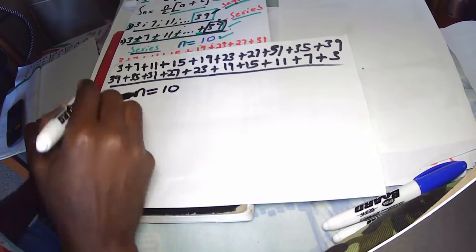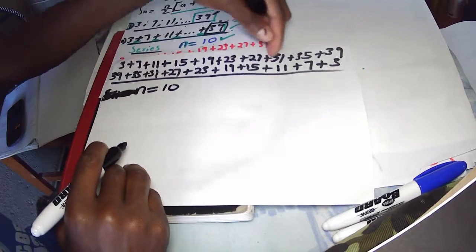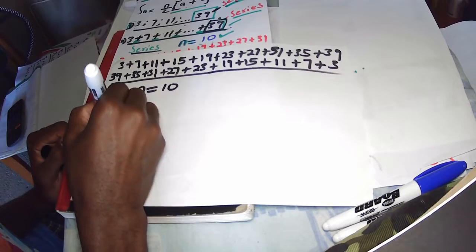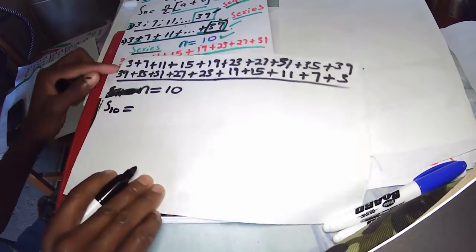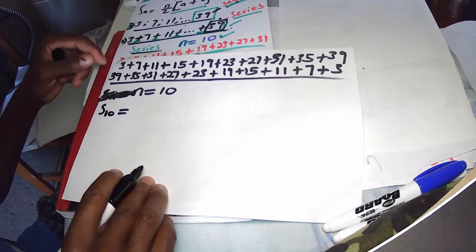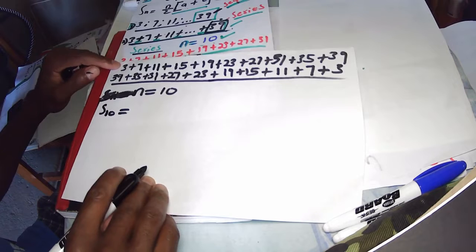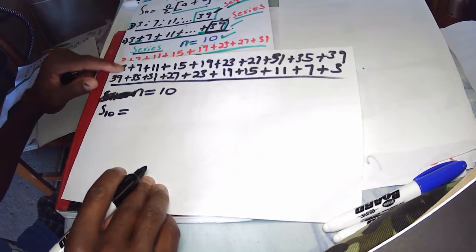If you count these terms, they are 10. So I want to get the sum of 10 terms. We add these two series, the first and the second.